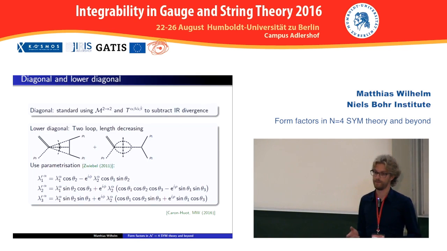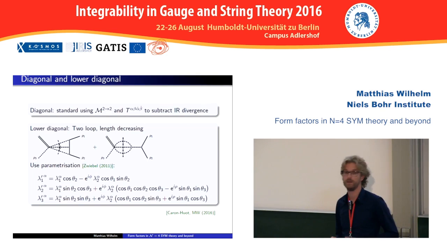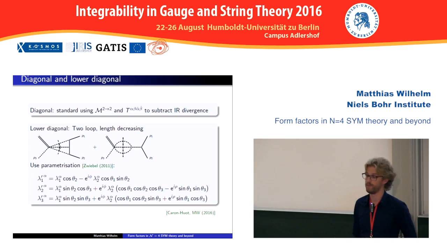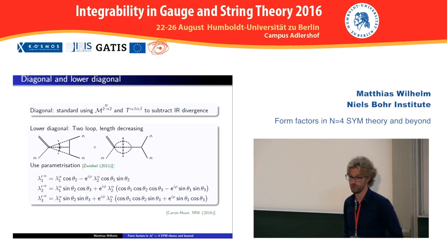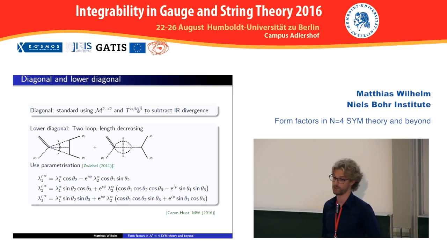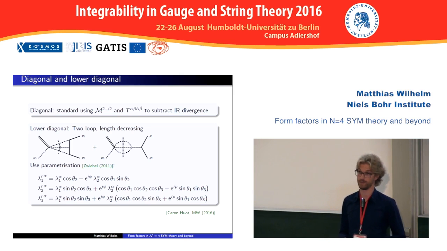At one loop, we can calculate the diagonal elements using the by now standard procedure from the 2-to-2 tree-level scattering amplitudes, where we use the stress tensor to subtract the IR divergences. The lower off-diagonal element in this mixing matrix decreases the length of the operator from 4 to 3, so it vanishes at one loop order.